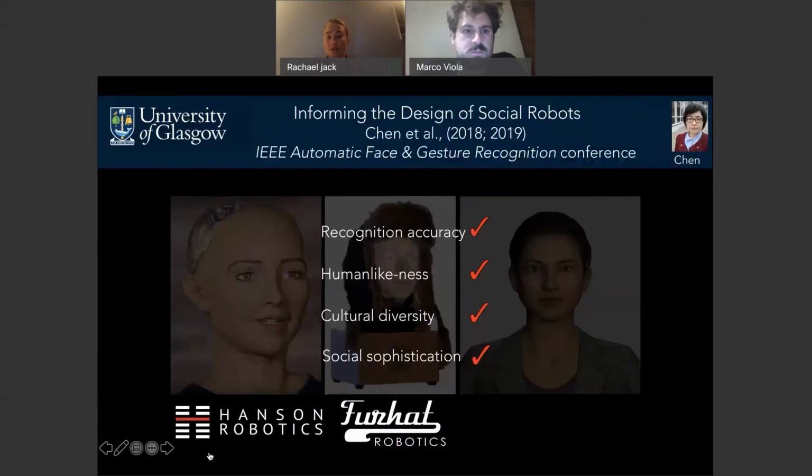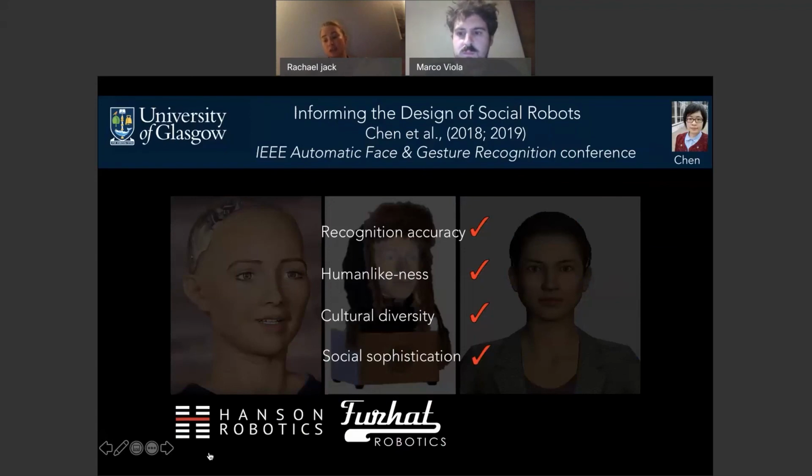And we have done some work on this recently. When we transfer our models to a range of digital agents, what we found is that we can, first of all, increase recognition accuracy in different cultures, because digital agents are largely equipped with standardized static facial expressions, which we know are not universally recognized. So when we equip digital agents with our models derived in different cultures, the agents are recognized in these cultures by these cultures.